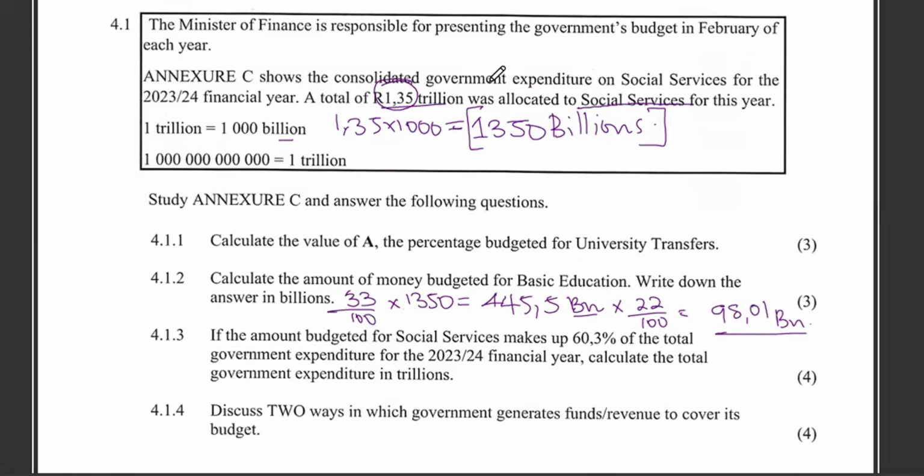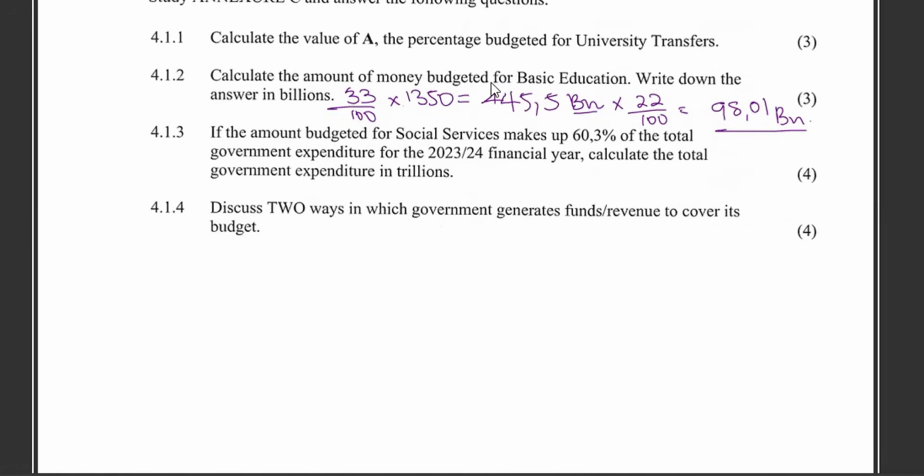Now they're asking you, if 60.3% of the total budget was allocated to that, what? So when you ask yourself, 60.3 times a given number should give me 1.3 trillion. So what number is it?